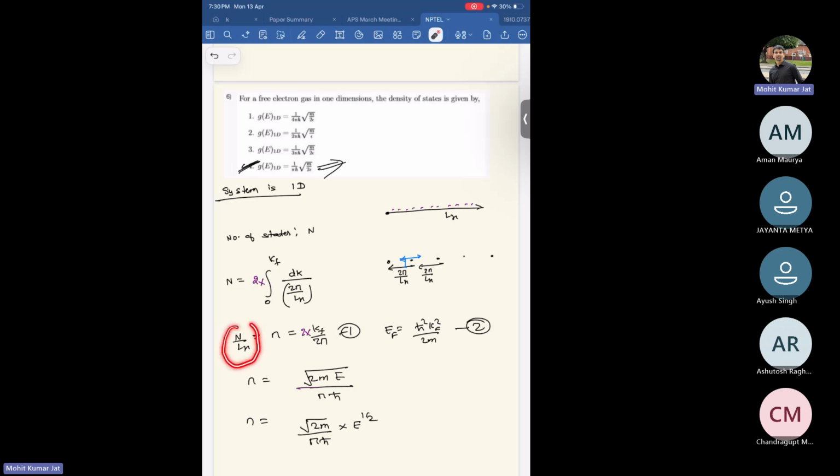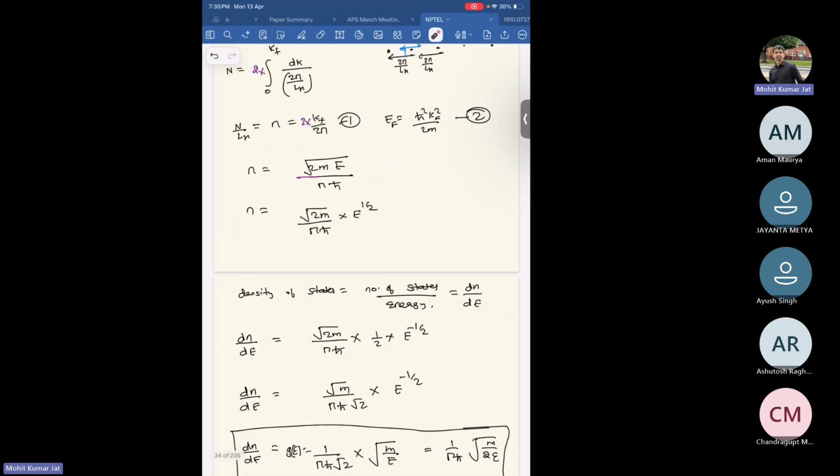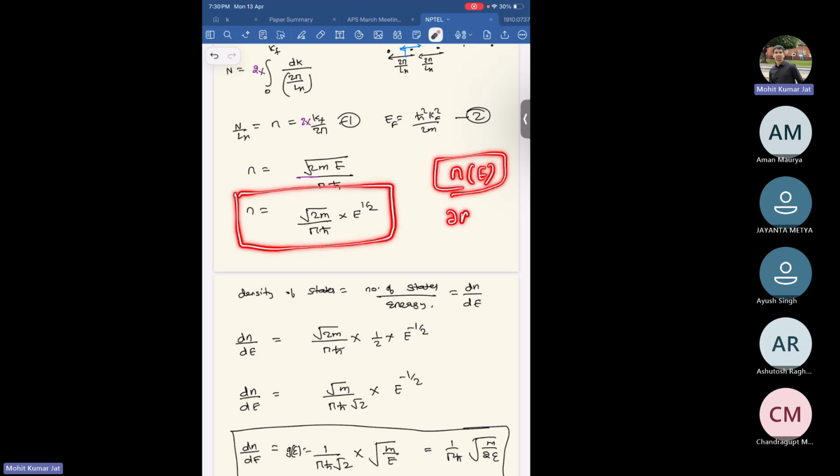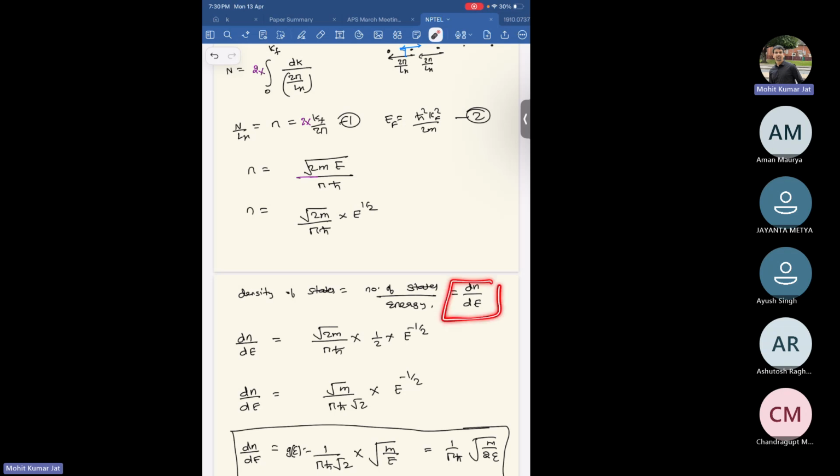So n by Lx will be your carrier density, small n, equals 2 times kf by 2 pi, and since E is equal to h bar squared k squared by 2m, n will be under root 2mE by pi h bar. Since the n versus E relation is given, we just take the derivative del n by del E, and that will give you the density of states, g(E).